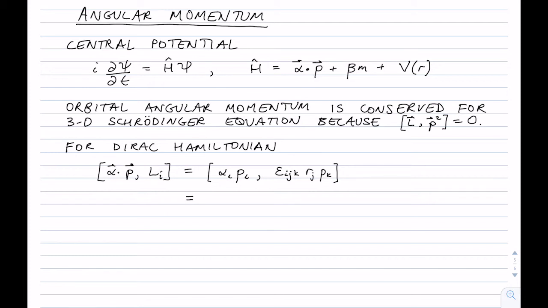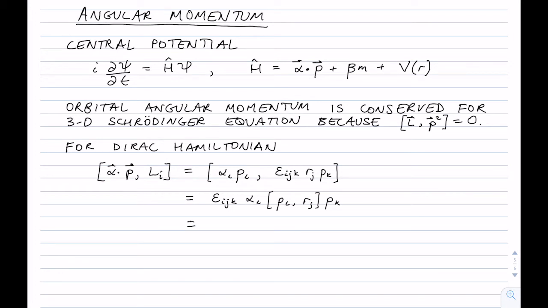Putting that together, I can then take out this factor epsilon_ijk and the alpha_l, and I will have p_l r_j. That's the part that might not commute. p_l always commutes with p_k. And alpha is in its spin space rather than in real space, so that one's always going to commute as well.